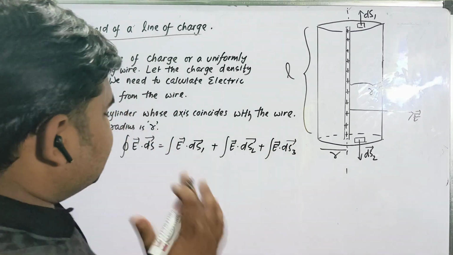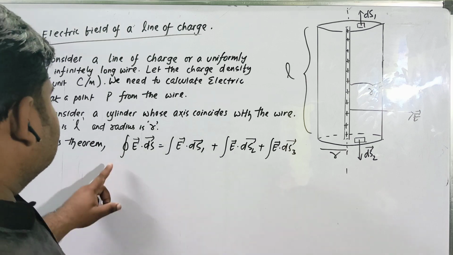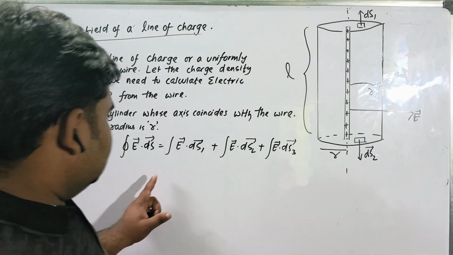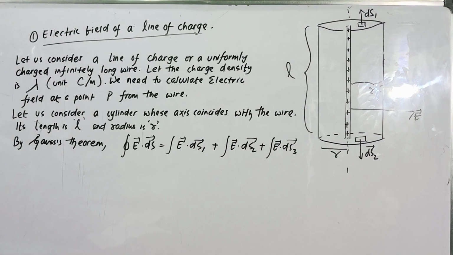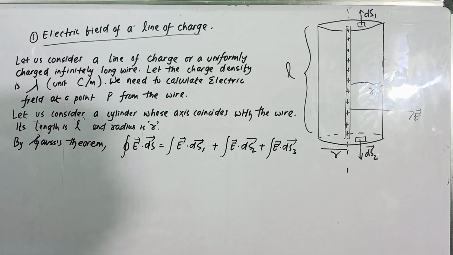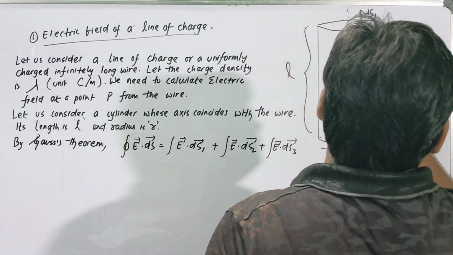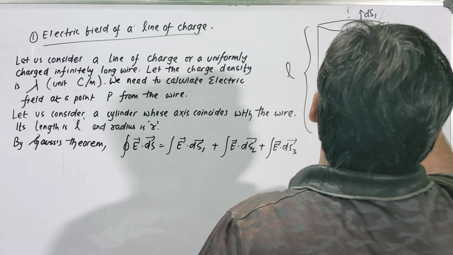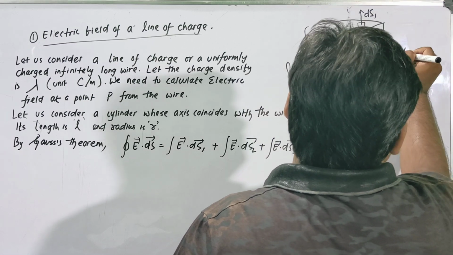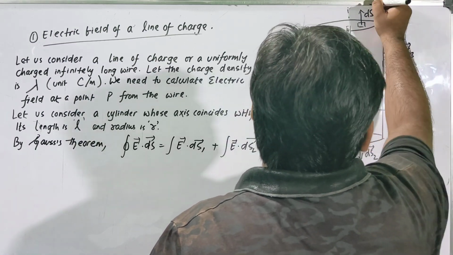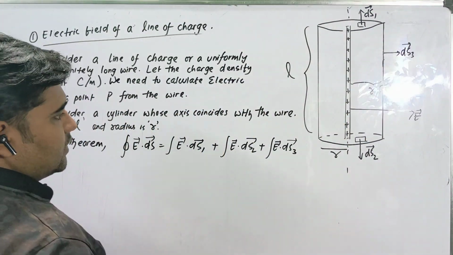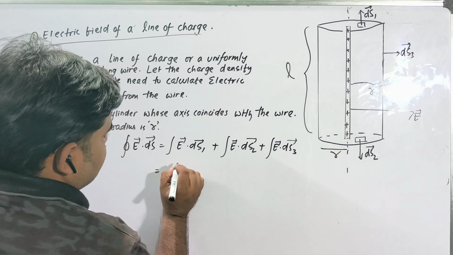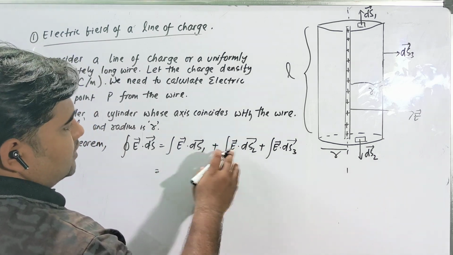This thing is not clearly visible from this point, so you need to make it here, ds3. Now you can see this is S1, S2, S3.